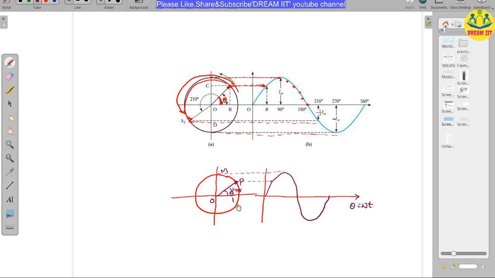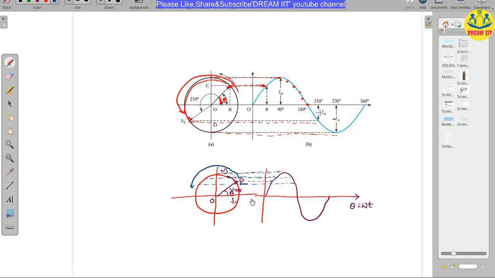Whenever this theta value goes on changing, the position of the vector is also rotating. So the position of the vector is continuously rotating in this direction. Because of that, at this point of time you will have one more projection here, at this point of time you will have the maximum, at this point you will have another projection like this, so that you are going to get accurate values because of this phasor representation.